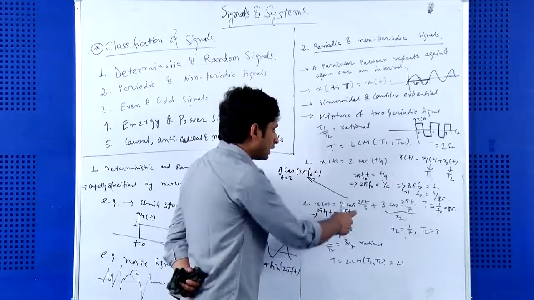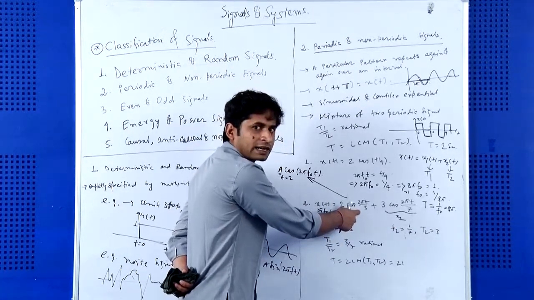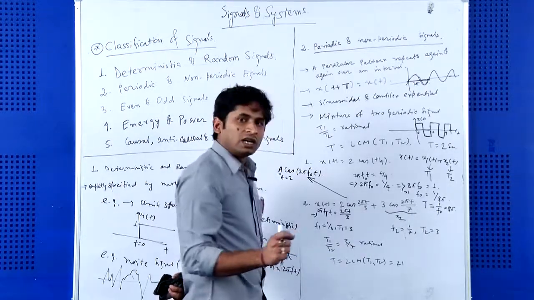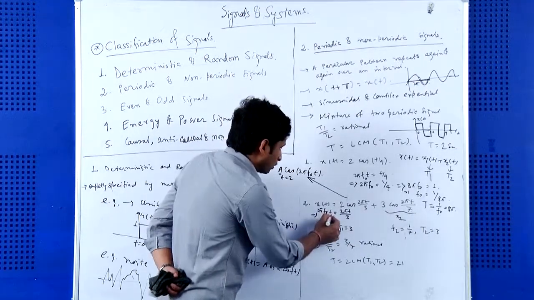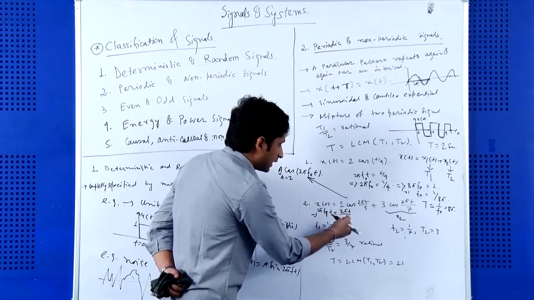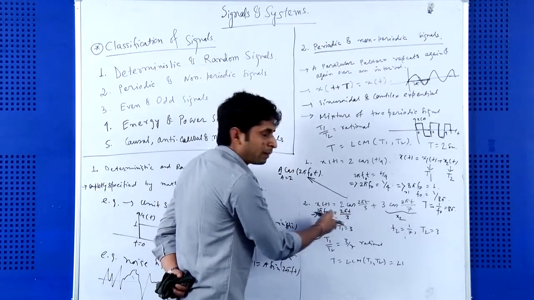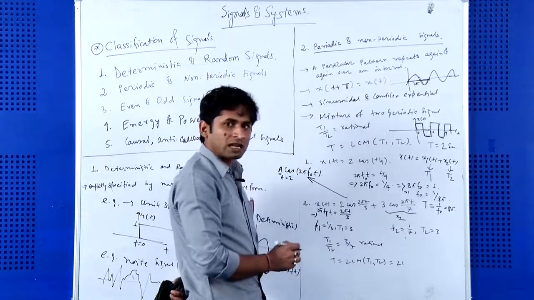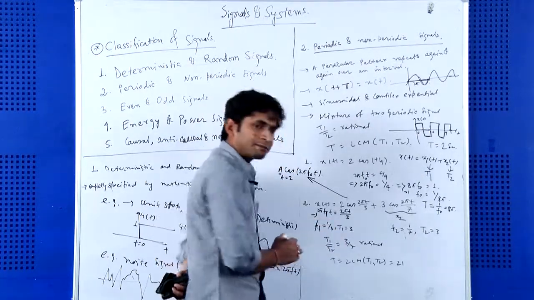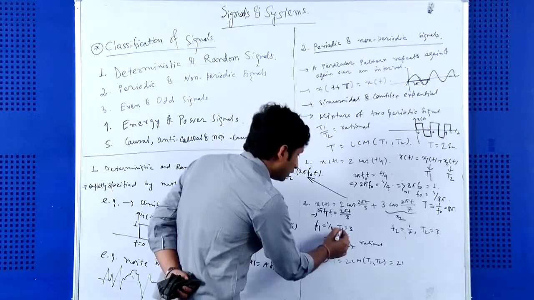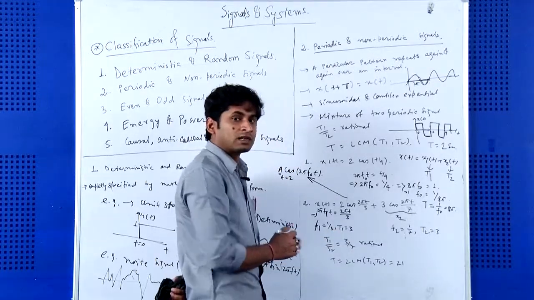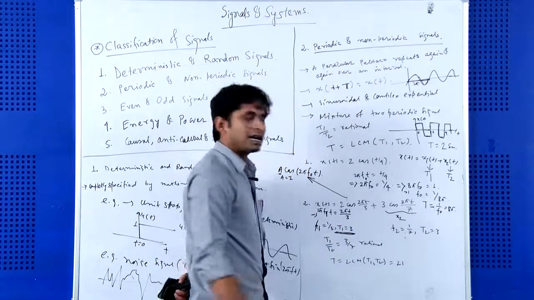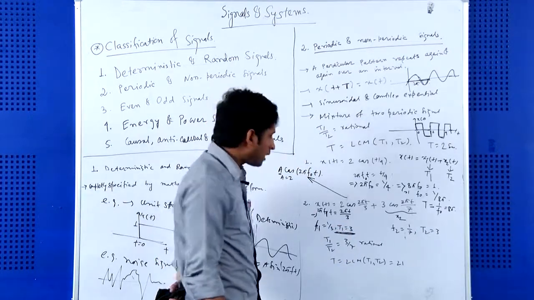I consider the fundamental frequency of the first part x1 as f1 and that of x2 as f2. From this comparison we find f1, the fundamental frequency of the first part, is equal to 1 by 3. So the fundamental time period T1 of the first part is 1 by f1, which is equal to 3.